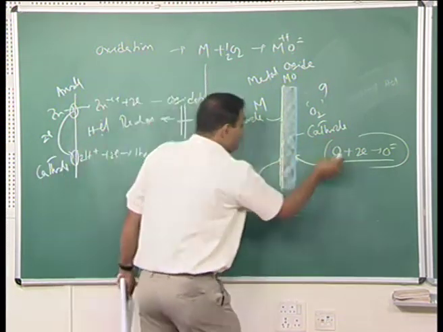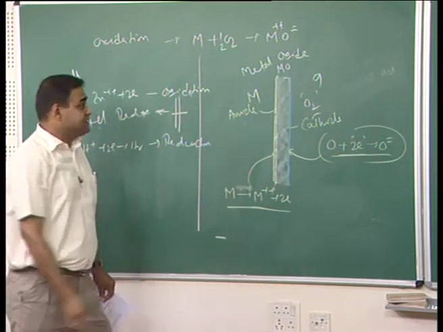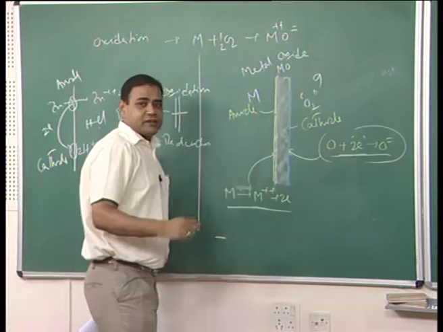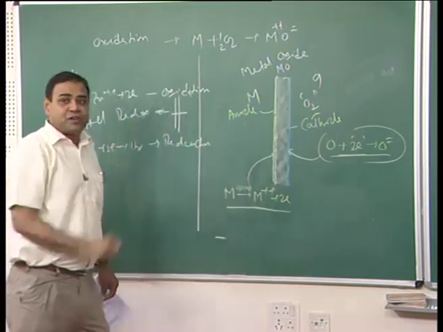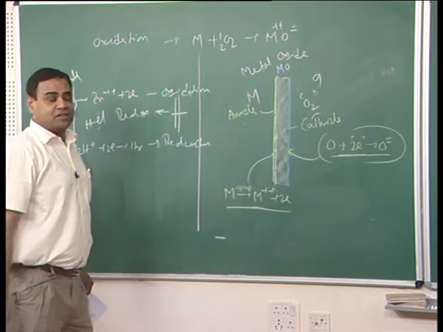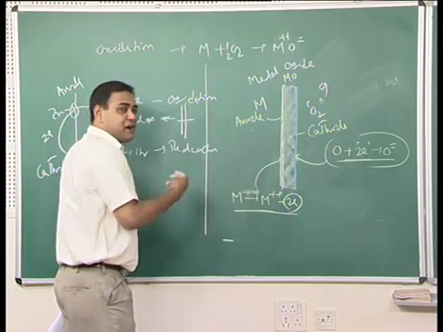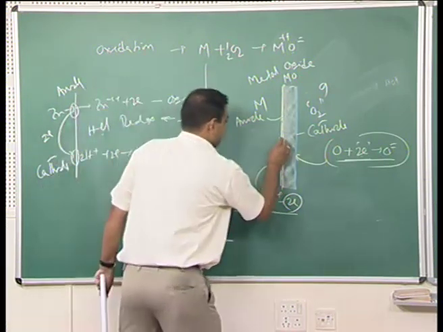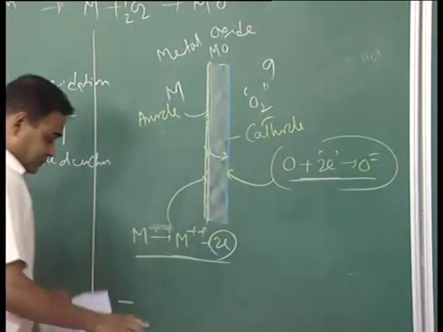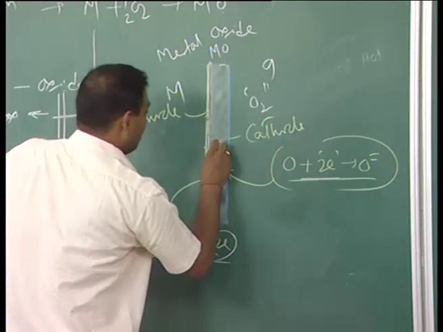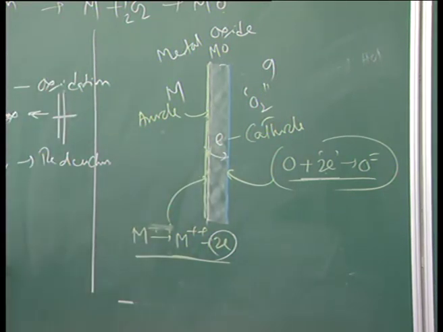But how would this reaction get 2 electrons? Initially oxygen is in the 0 state, so there must be some source of electrons. The source of electrons is this, and it has to pass through this medium, where electrons can flow. So this medium is acting as a conductor.